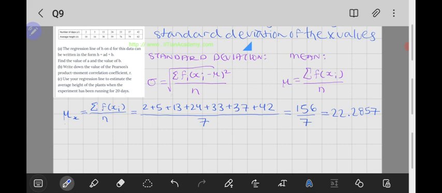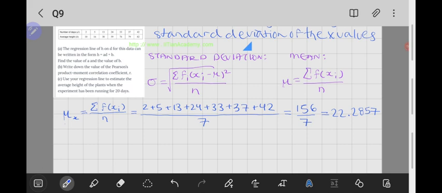Now, to calculate our standard deviation, we calculate the sum of all of our individual x values minus the mean we just found, squared, divided by n.